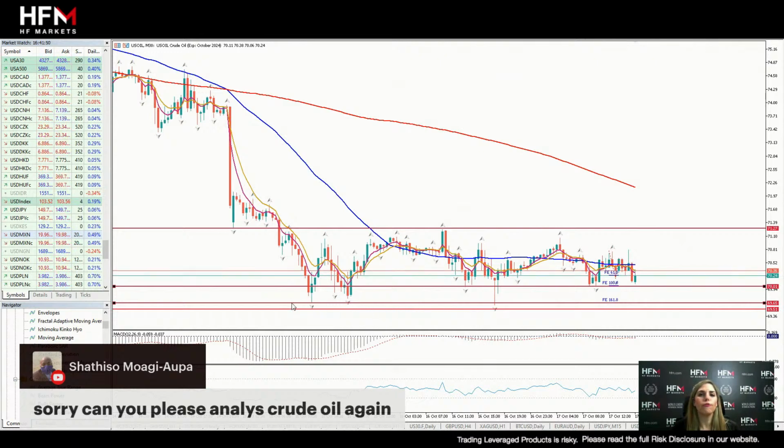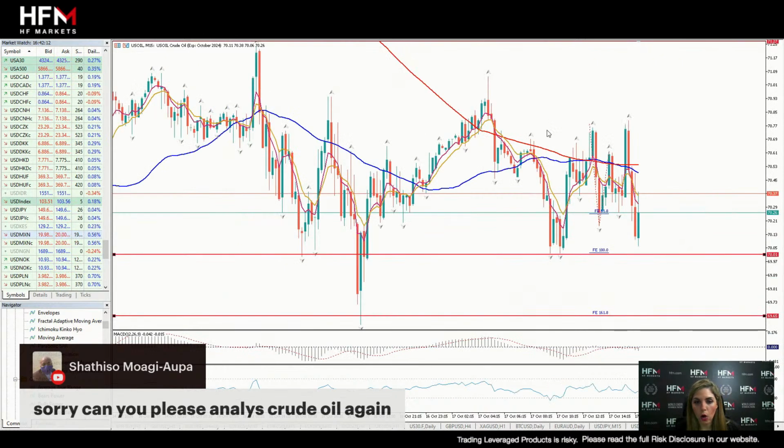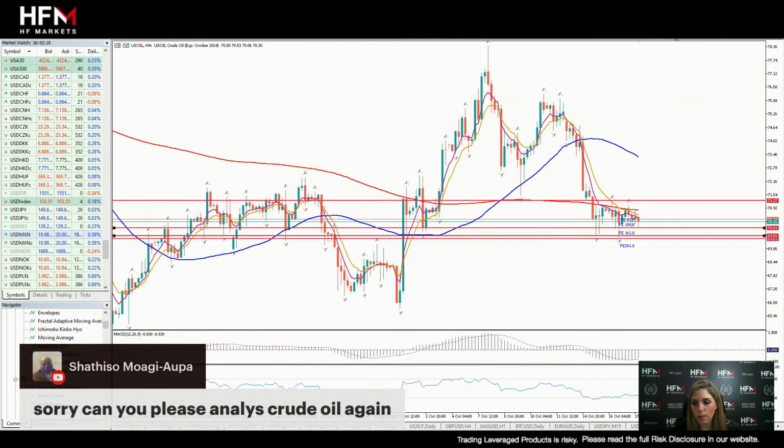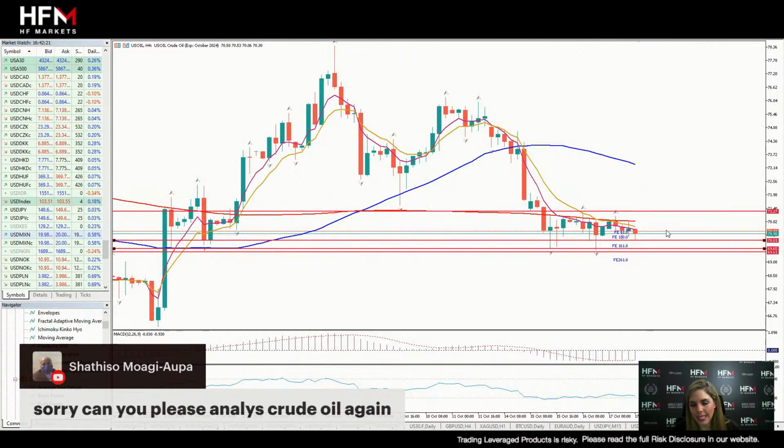So far we are expecting to see oil moving within this range. As long as it doesn't break below the 69.50 level, we cannot confirm a further dip for oil. Intraday it is consolidating, while in the medium term it is steady.